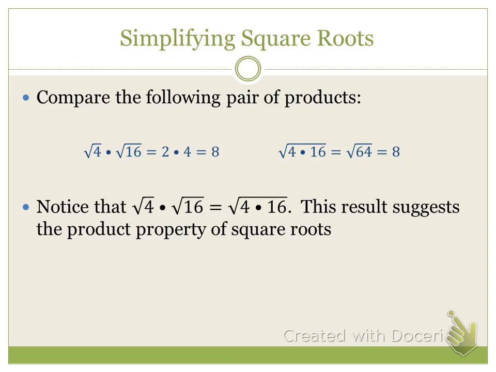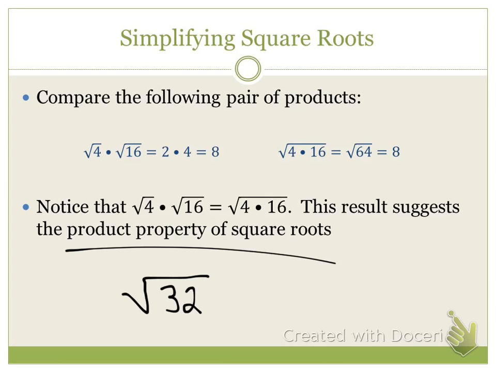Okay, that's kind of confusing. But basically, I think it's just talking about the product property of square roots. What I want you to understand, leading into examples 1 and 2, is that I can break down a number like 64, even though 64 is a perfect square, or a number like, let me just make up one so I can get my point across, the square root of 32.